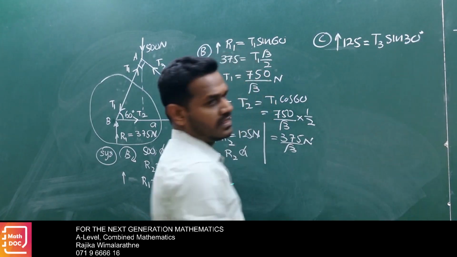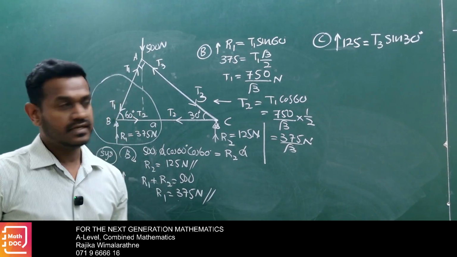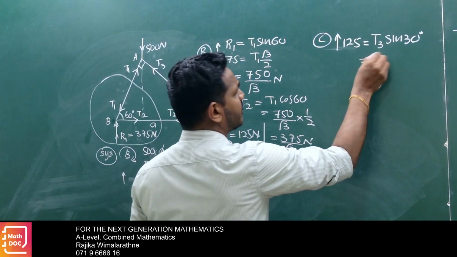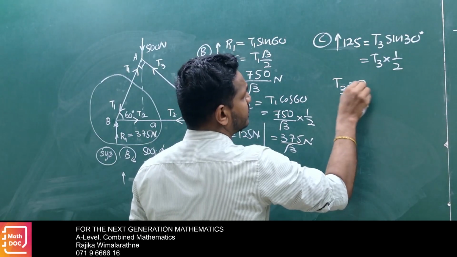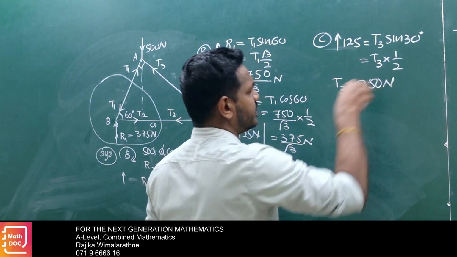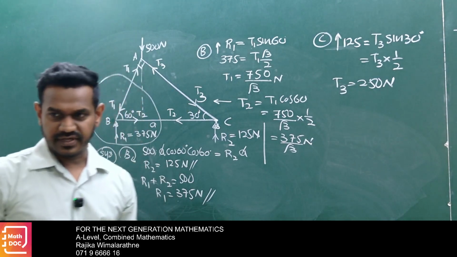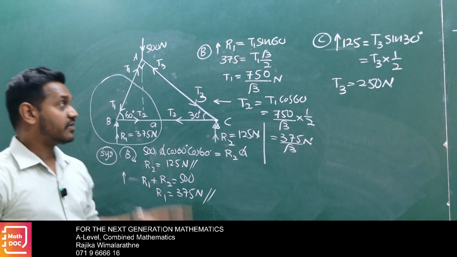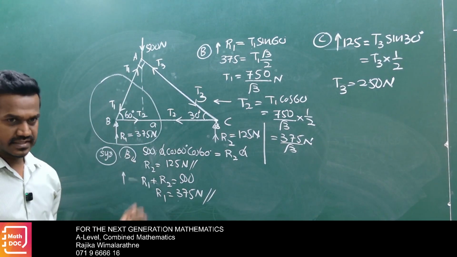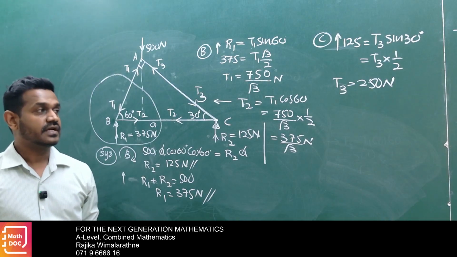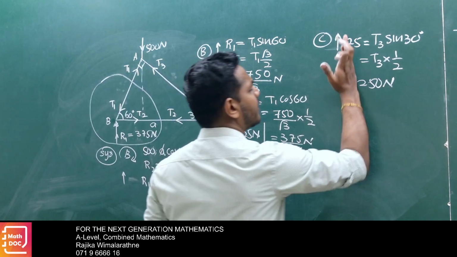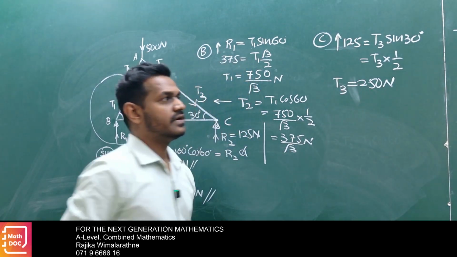Now simplify, then T3 equals 250 newtons. You just mark all forces and find it. So this is a very simple type.